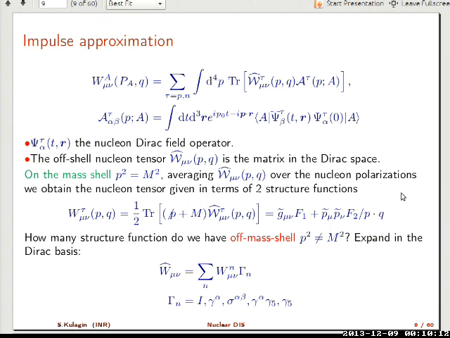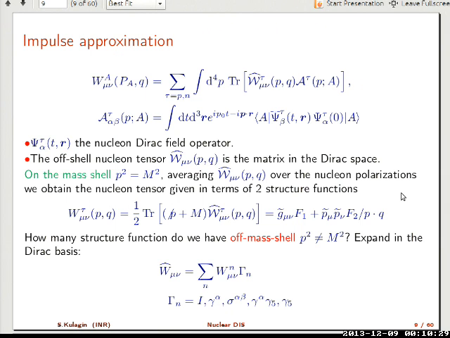Well, we can try to say something. So one can do the analysis. Let's sort out the possible Dirac structures of this amplitude by expanding in the Dirac basis.